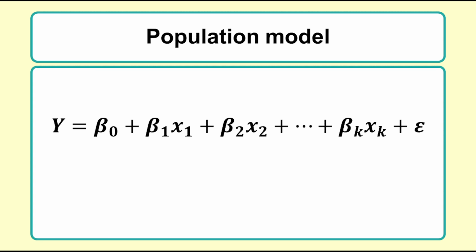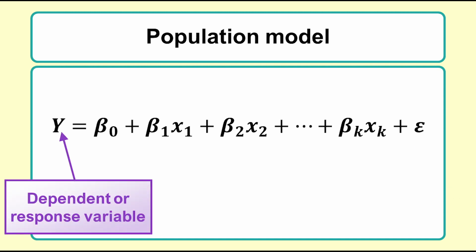I will introduce some notation. When we talk about the model in the population, we use the Greek letter beta. The population model is that y equals beta 0 plus beta 1 x1 plus beta 2 x2 and so on up to beta k xk plus epsilon.